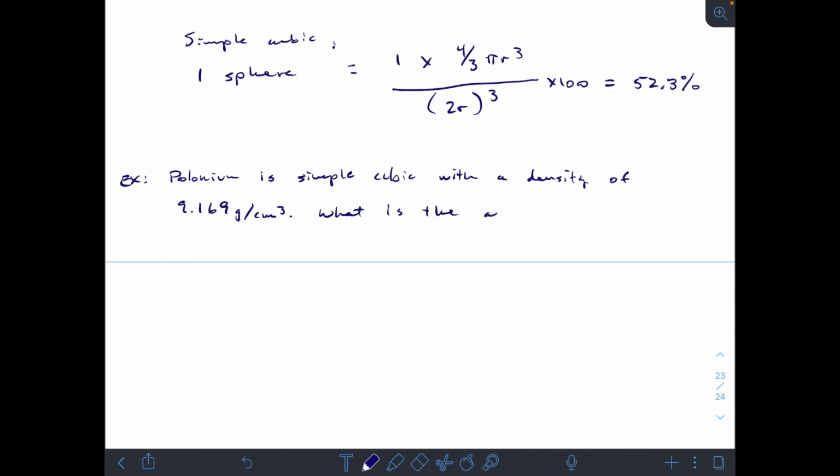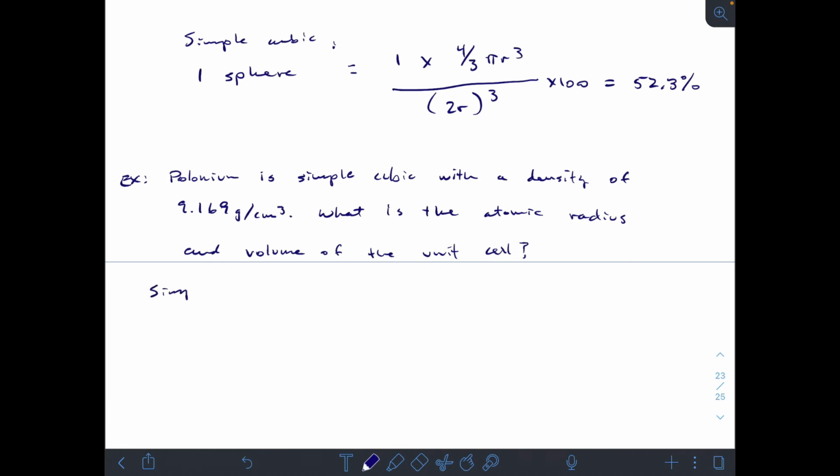What is the atomic radius, and volume of the unit cell? Okay, so that's really not much information for us to go on. All we're really given is the density and the fact that it's simple cubic. But we have some useful information just from that.